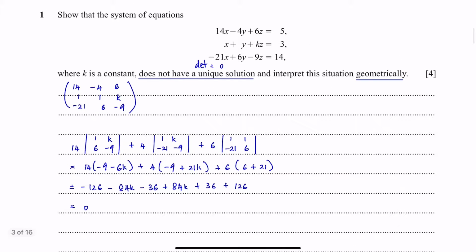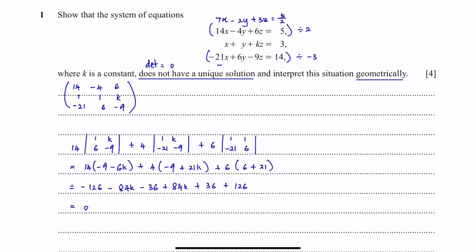So now we have to interpret the situation geometrically. We just look at the equations, and you can see that for the first equation, if you divide it by 2, you will get 7x minus 2y plus 3z equals 5 over 2. And for the last equation, if you divide it by -3, you will get, hang on, let me just move it over.